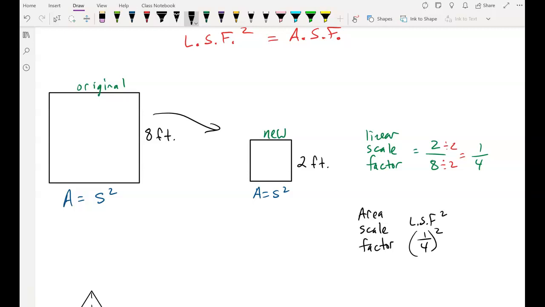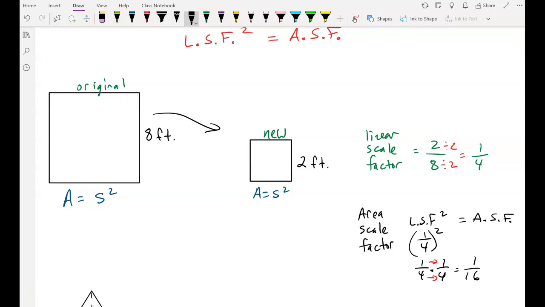So 1/4 squared is going to equal the area scale factor. 1/4 times 1/4, when we multiply straight across, 1 times 1 is 1, 4 times 4 is 16. So the area scale factor is 1/16. That means that the smaller square takes up 1/16 of the space of the original square.